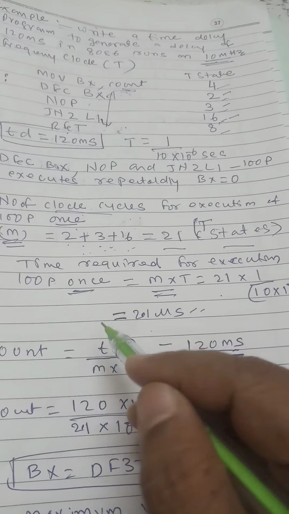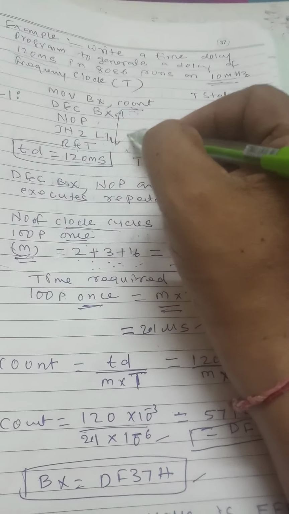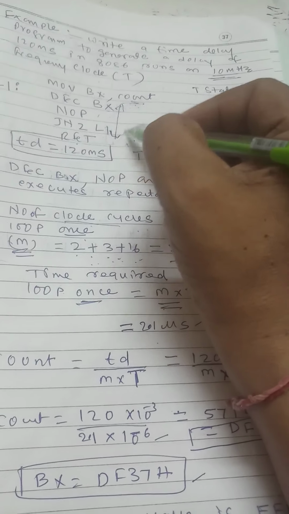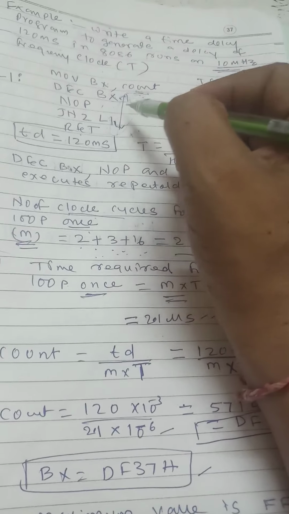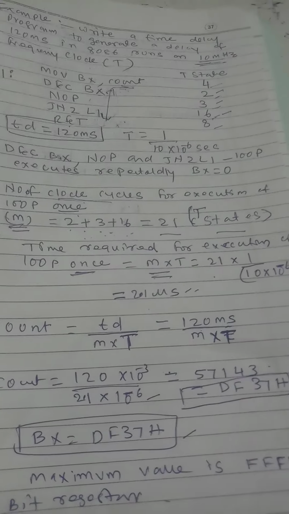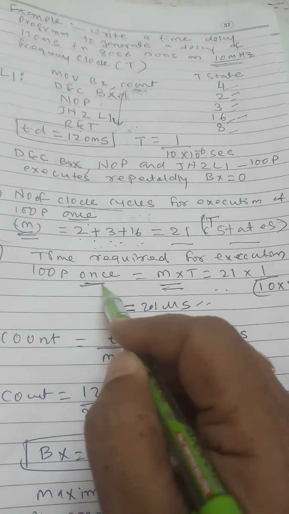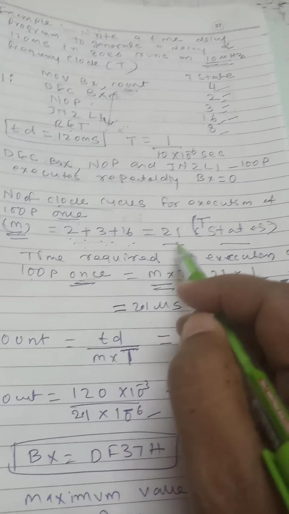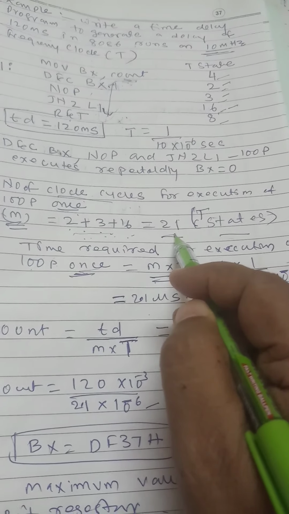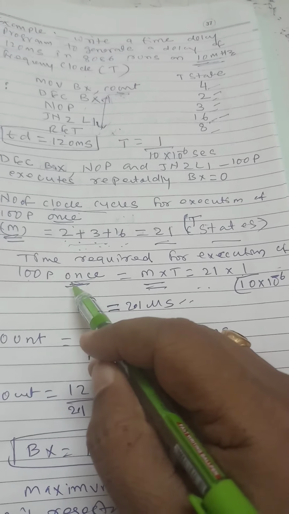Next we have to calculate the time for one loop, that is, the time required for execution of the loop once. These 21 T states are required for one cycle of the loop, so how much time is required for one loop?